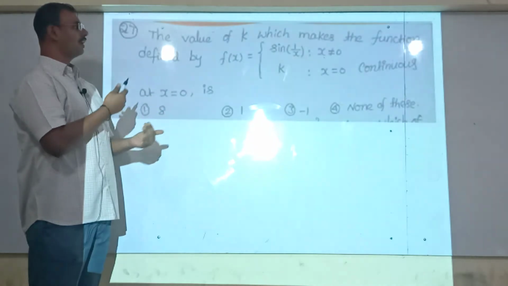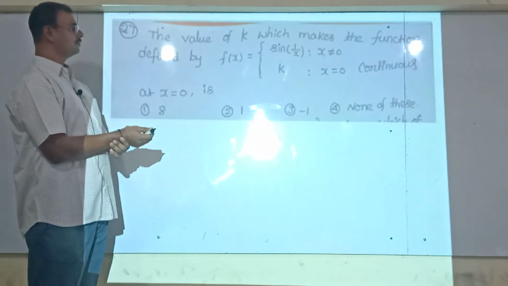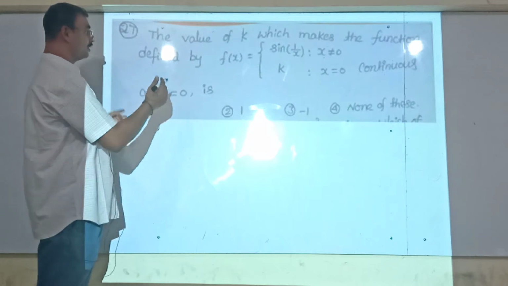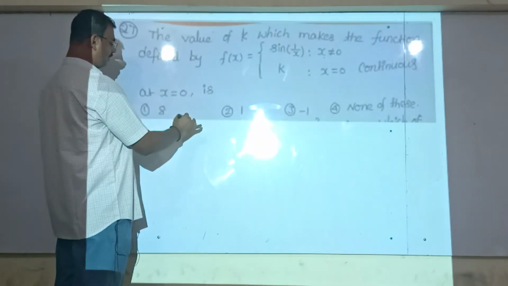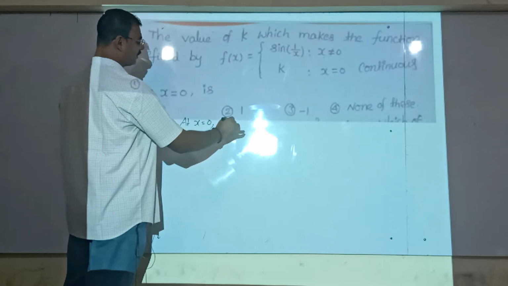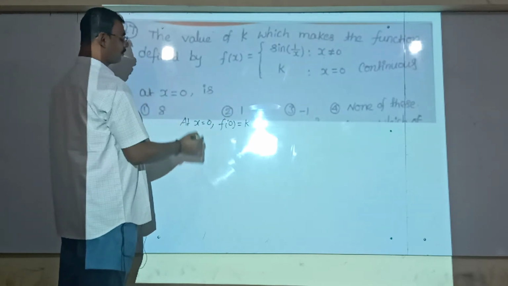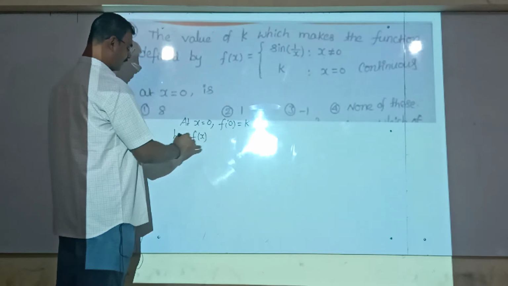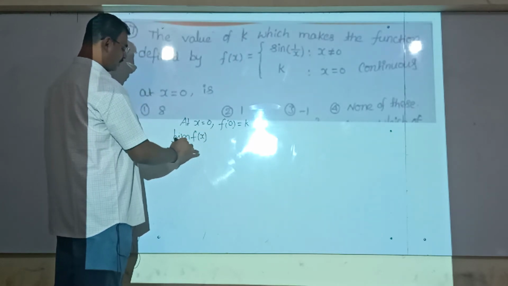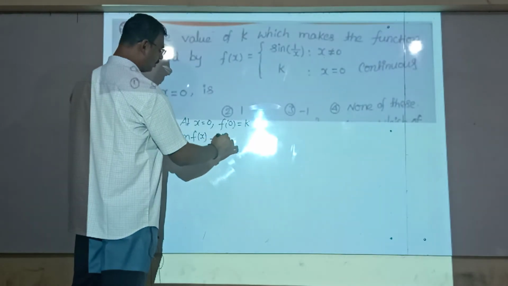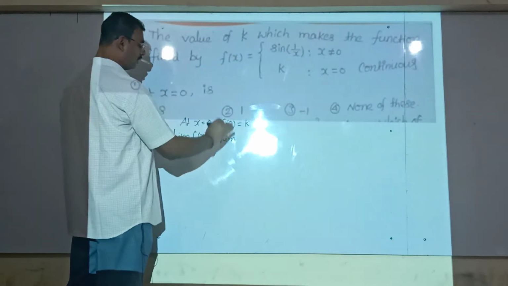So we just have to find the limit of the function here. At x equal to 0, f of 0 is k, as given. Next we have to find the limit of f of x as x approaches 0. So what is the function given? Here no need to break the conditions, directly do it.